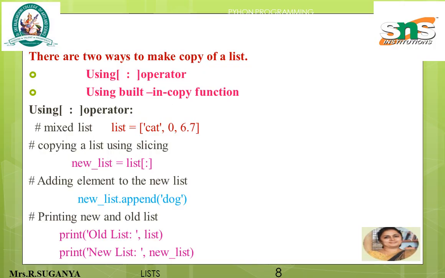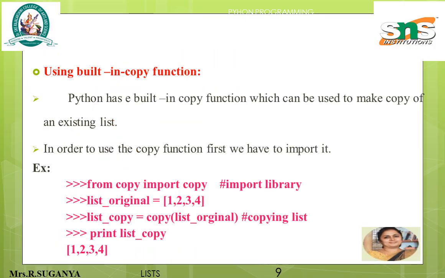Here we have copying a list using slicing, with the colon operator. Adding an element to the new list is done using the append keyword, and then we print the new and old lists.